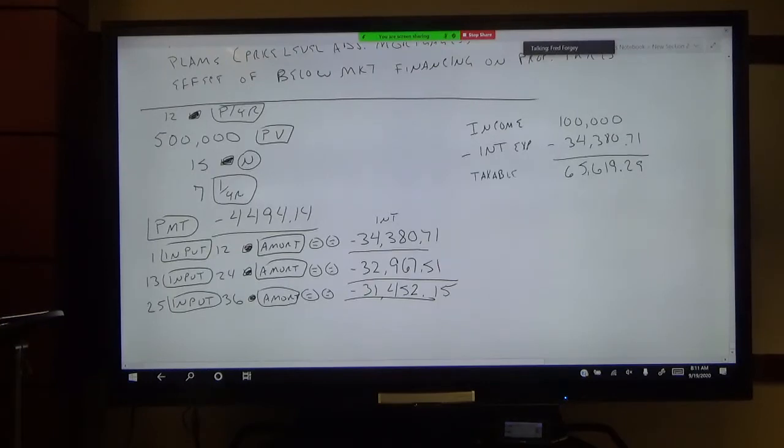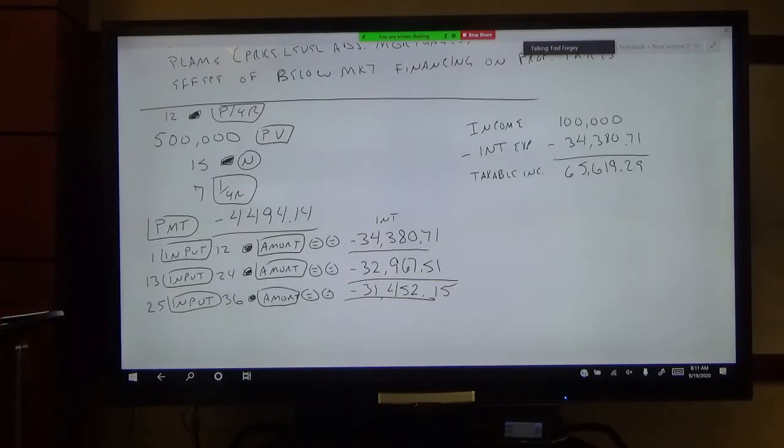Now I'm shortcutting some steps just to illustrate the concept. We're going to get into much more detail and specificity later, but right now what that's doing is reducing your taxable income by the $34,380.